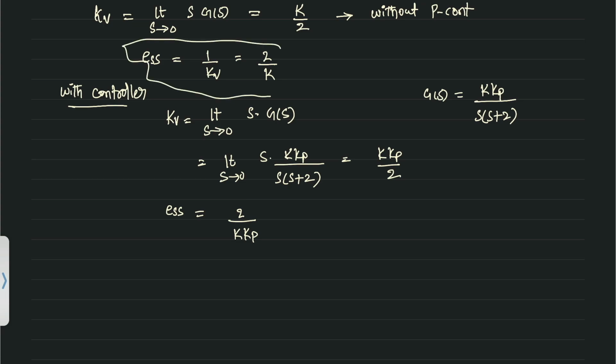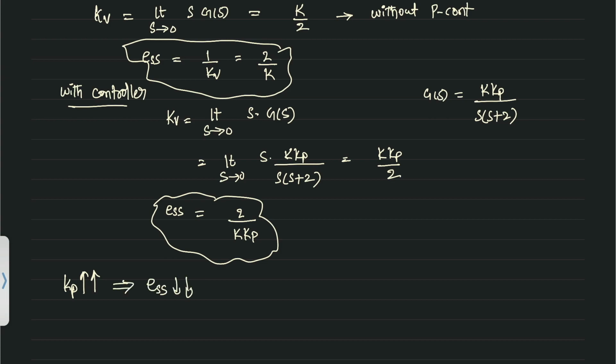Now, if you observe this equation and this equation, if I increase the Kp value, what is happening? The steady state error is going to reduce. So it is like an advantage. But why won't we take only the proportional controller?